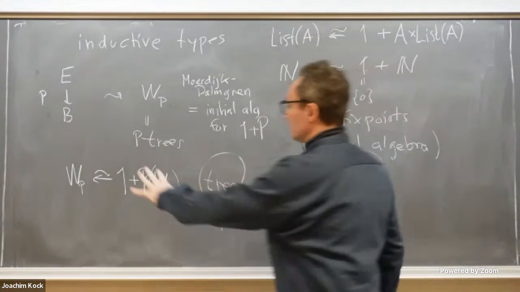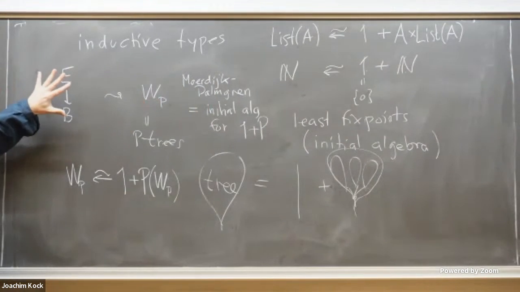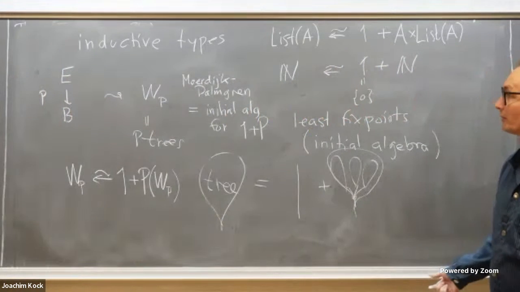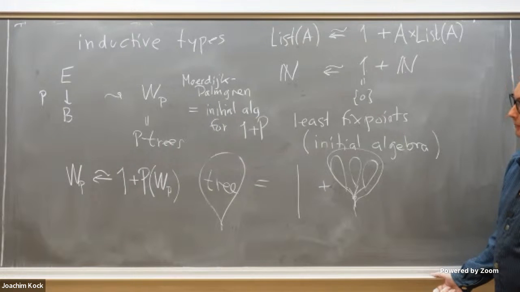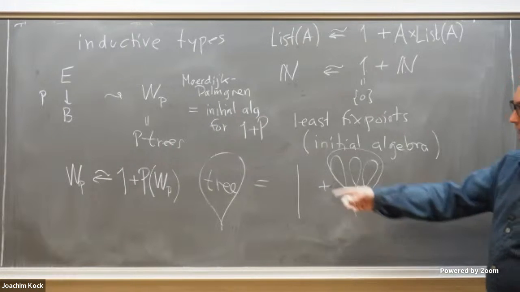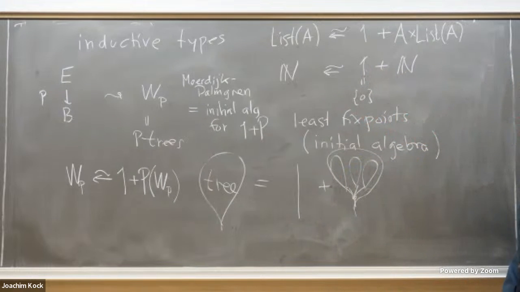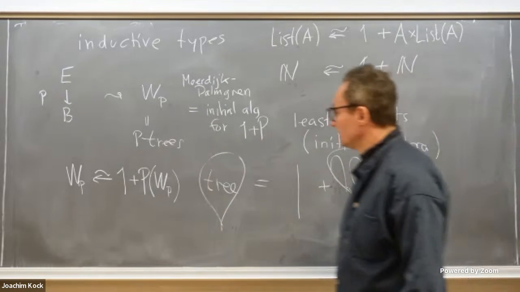So these are a very general class of inductive types that you use in program semantics. There are more general things, but then it's not directly covered by polynomials, although polynomials still play a role.